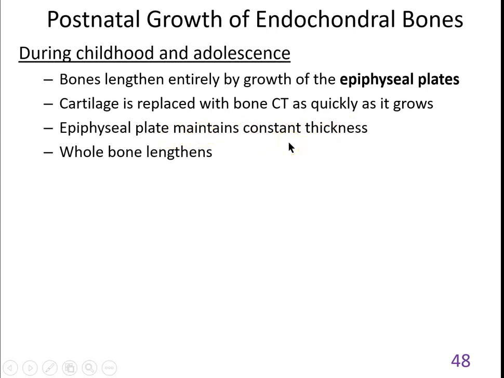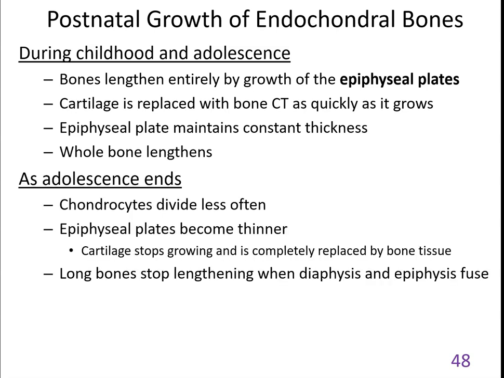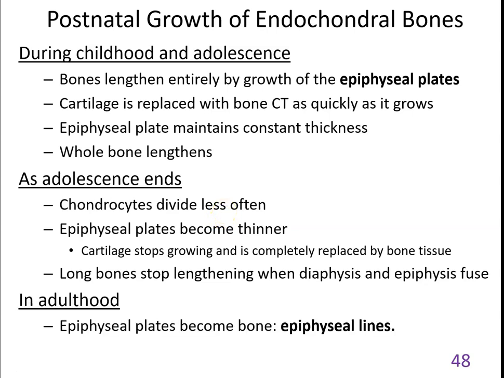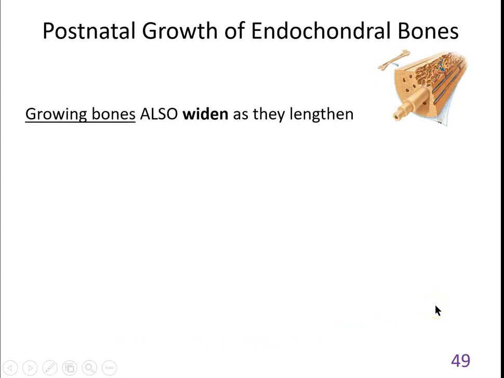So as it pushes towards the epiphysis, it lays down bone behind it. And so a new region becomes the epiphyseal plate. And then towards the end of adolescence, that slows down and the epiphyseal plates become thinner and thinner until eventually they're gone. Eventually, in adulthood, they become epiphyseal lines.